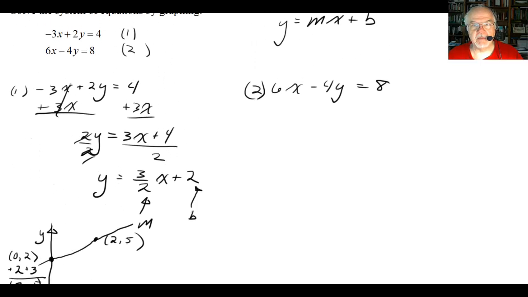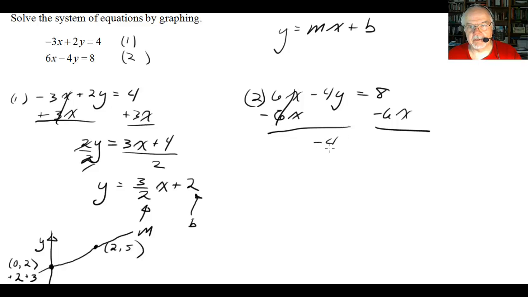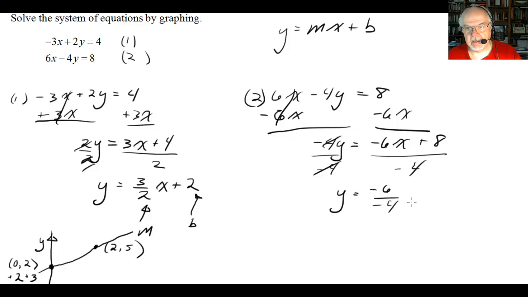So now I want to do the same thing. I want to reduce this form to that form. We do that by subtracting 6x from both sides of the equation. That goes to 0 and disappears. This becomes minus 4y equals minus 6x plus 8. Divide both sides by minus 4. That cancels, and I get y equals minus 6 over minus 4 x plus 8 over minus 4.